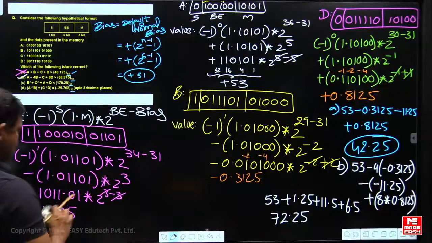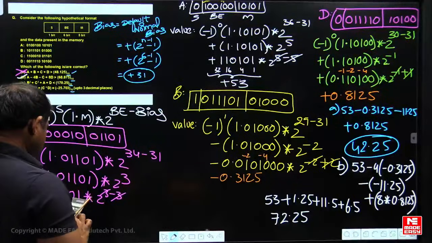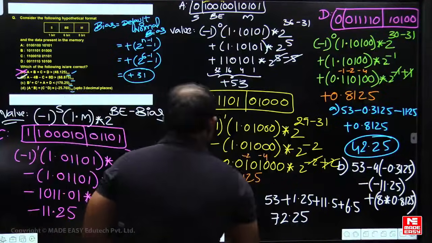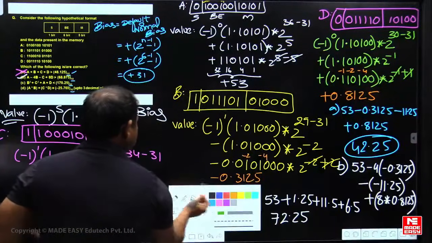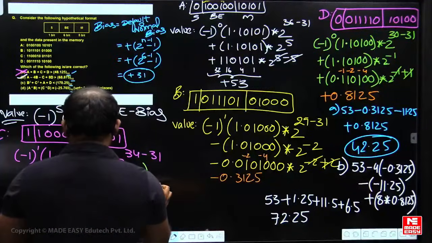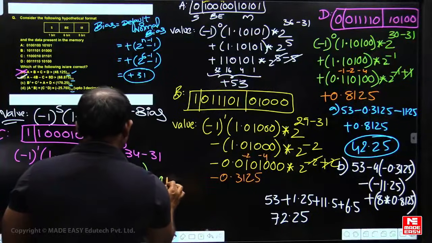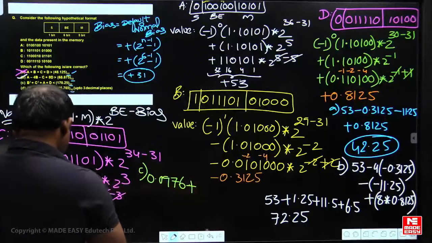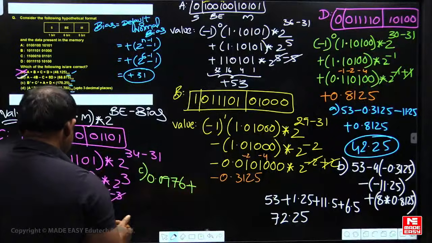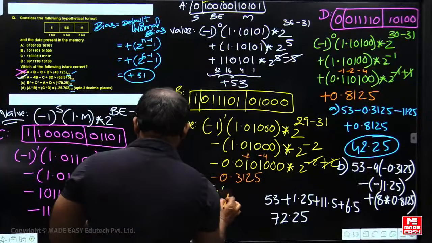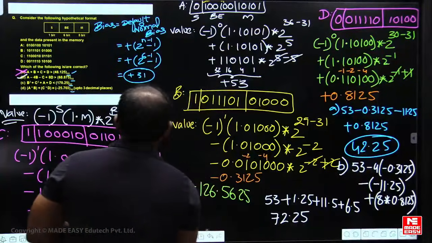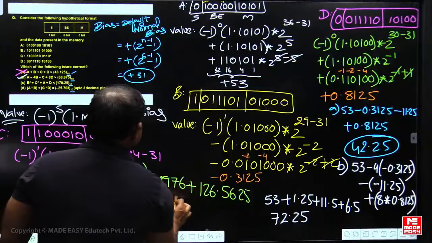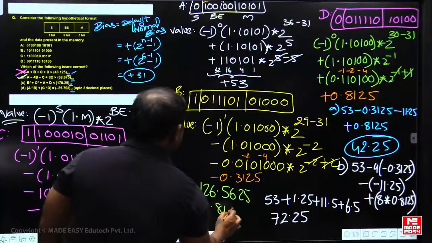Obviously B square means 0.3125 squared, that is 0.0976, plus C square 126.56, plus A, 53, plus D, 0.8125.